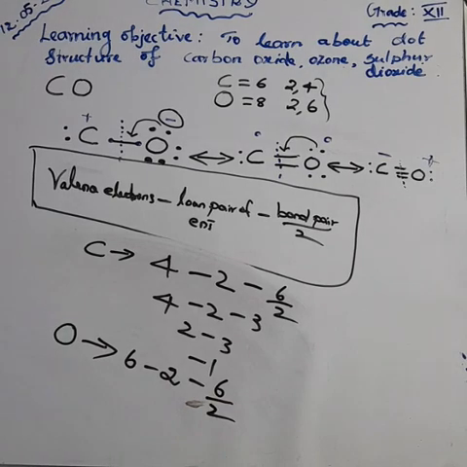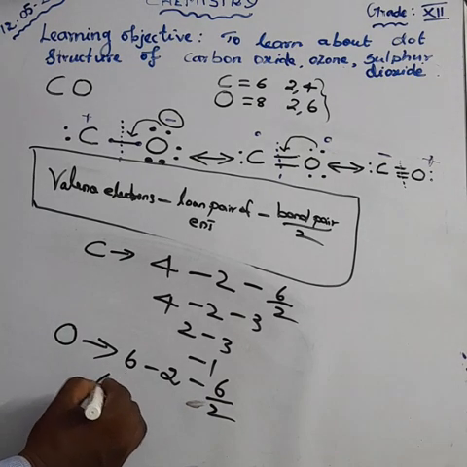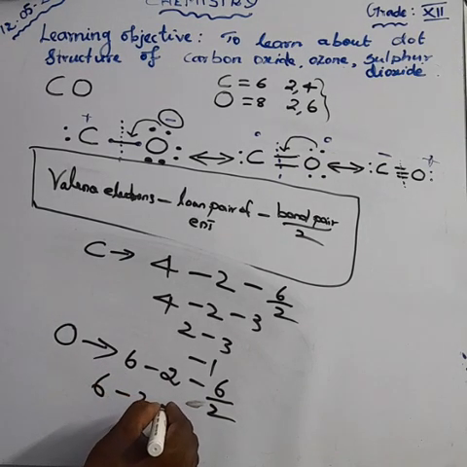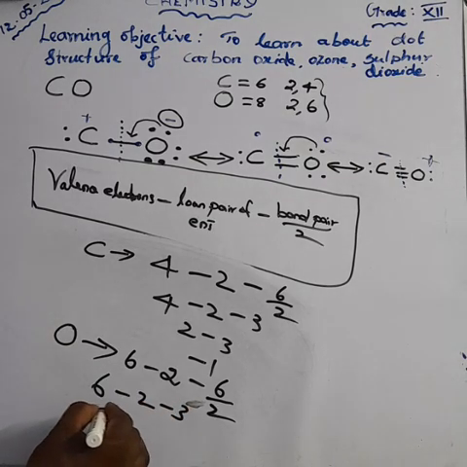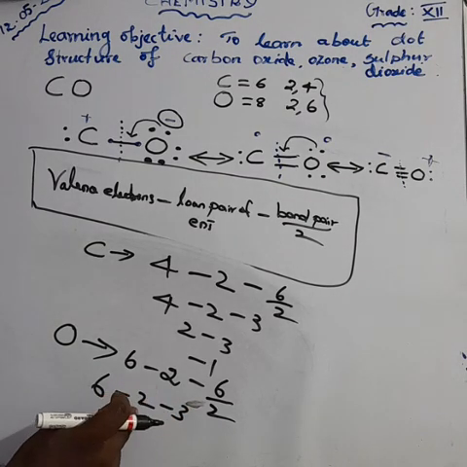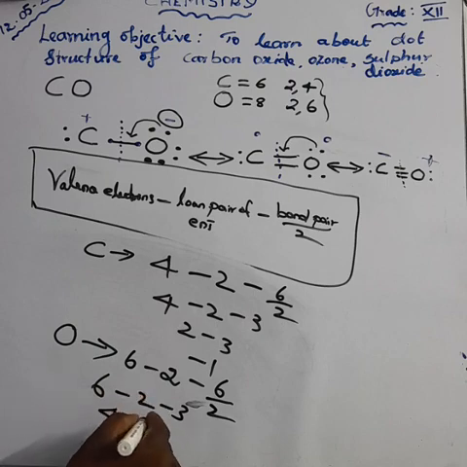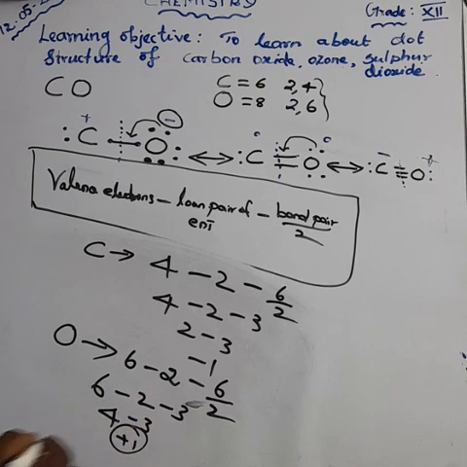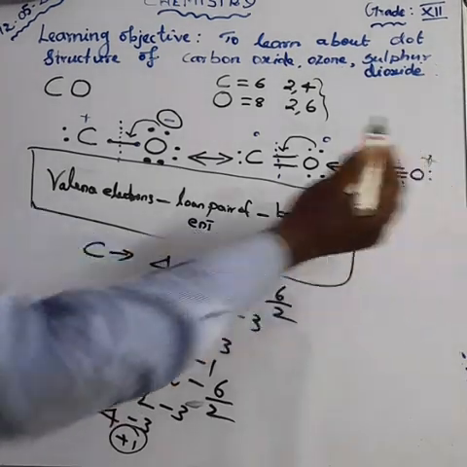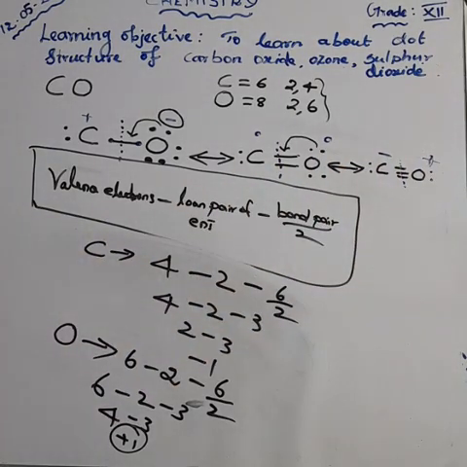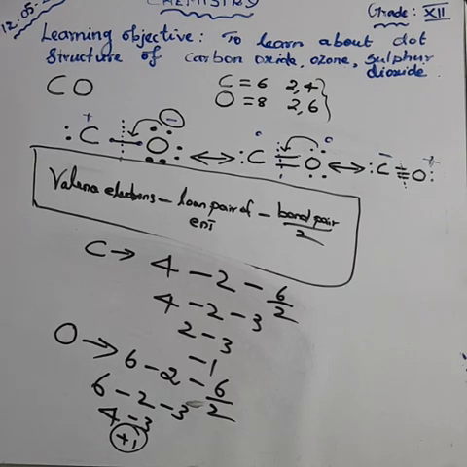Am I right? So 6 by 2 minus 3. 4 minus 3 is equal to plus 1. So what's the charge here? Plus is the charge. Okay, this is another method. Anyhow, we can use the short form. Before I told that one, we can use the short form.